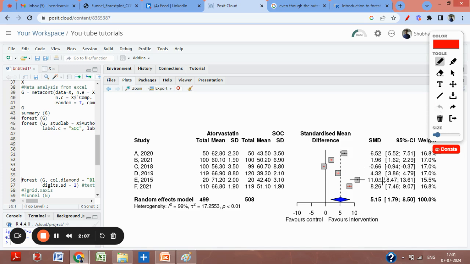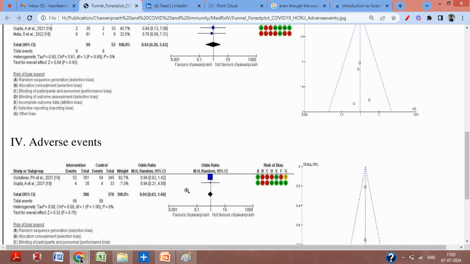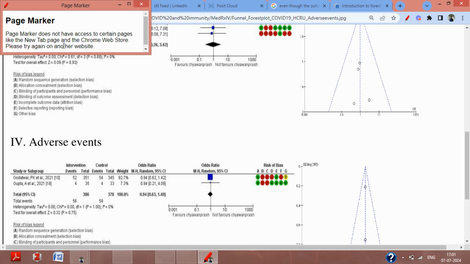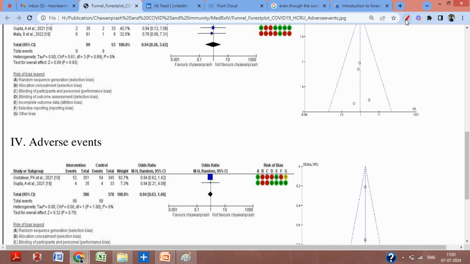But now we will see a different forest plot, the one we were currently working on. Let us check. No issue, I don't think we need it over here.